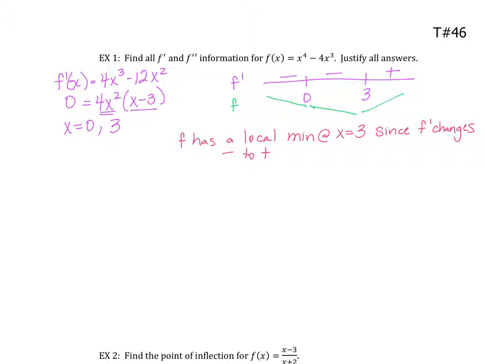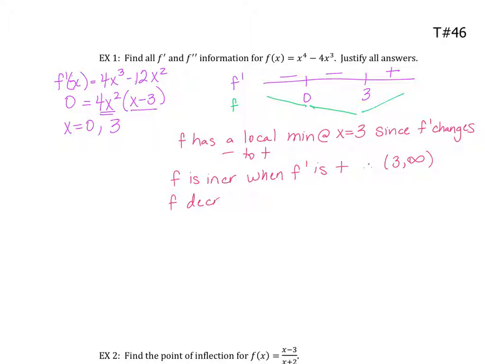And what else? We also know from the first derivative, f is increasing, and remember, I'll write this one first, when f prime is positive. Therefore, 3 to infinity. Notice on that one I wrote the justification first. Again, either way is fine.